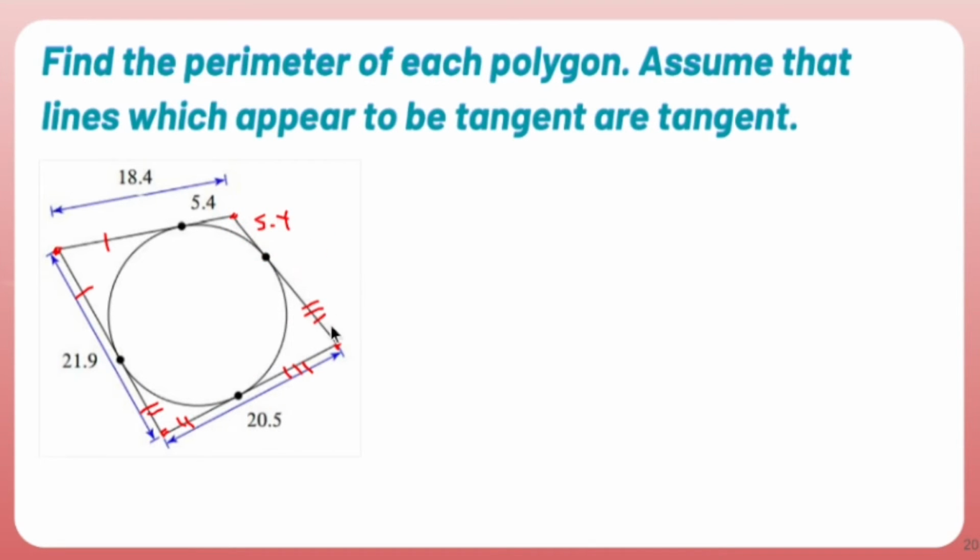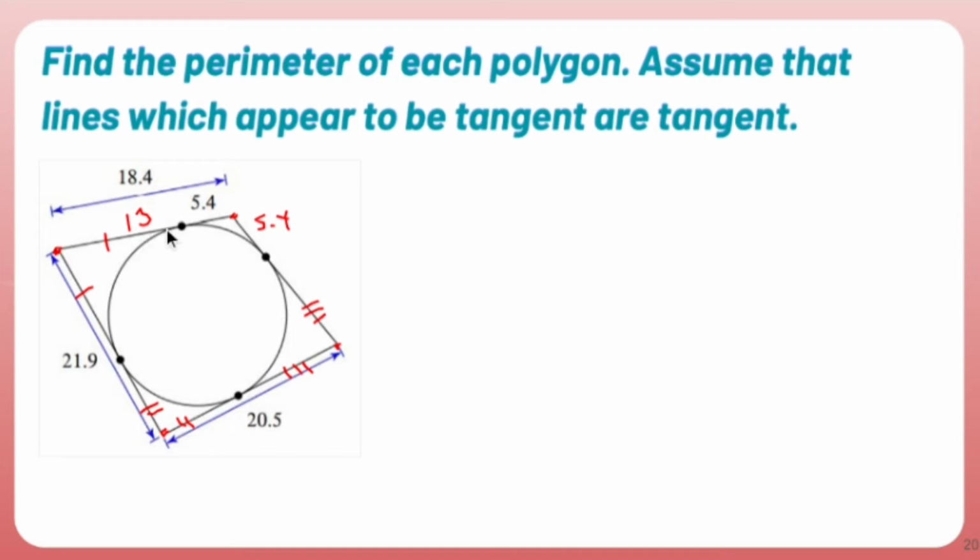Now that doesn't give us this guy, but we're going in the wrong direction if we try to go here. We need to work our way around counterclockwise, as gross as it is. This whole thing is 18.4. If this chunk is 5.4, then you're going to be 18.4 minus 5.4, which is 13.